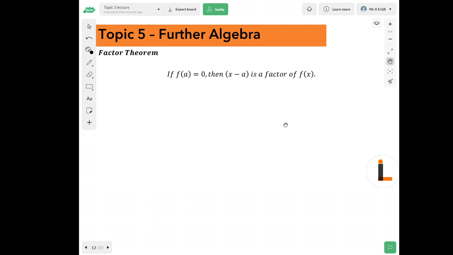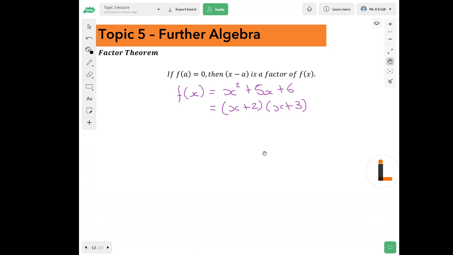Let's give a concrete example to this as well. So let's say we have f of x is equal to x squared plus 5x plus 6. So now we can factorize this as x plus 2, x plus 3.